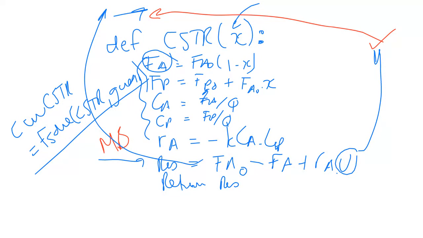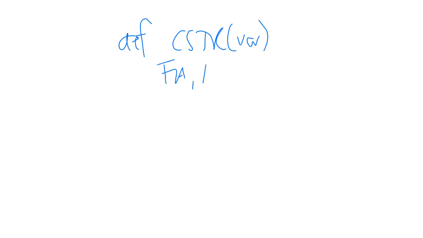An alternative approach that I saw some of you using is to use the CSTR with the variables you want to solve being FA and FP. Of course that will work as well. Then you need two equations that must be returned.